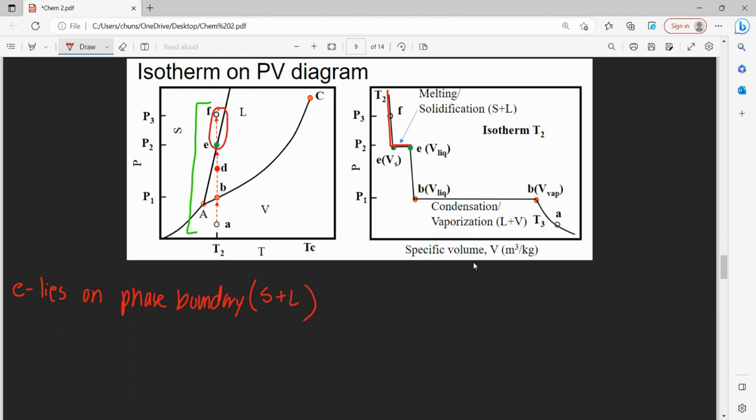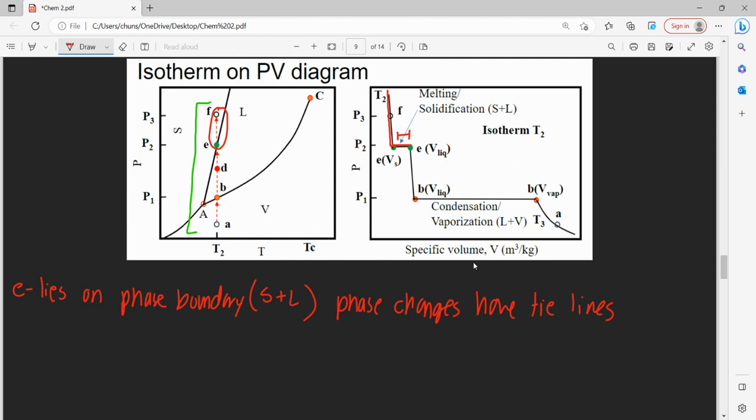So that means we're going to have another tie line, because with phase changes, we have tie lines in them. So you see that the tie line is much shorter, and that's because our slope is a lot steeper for this process.